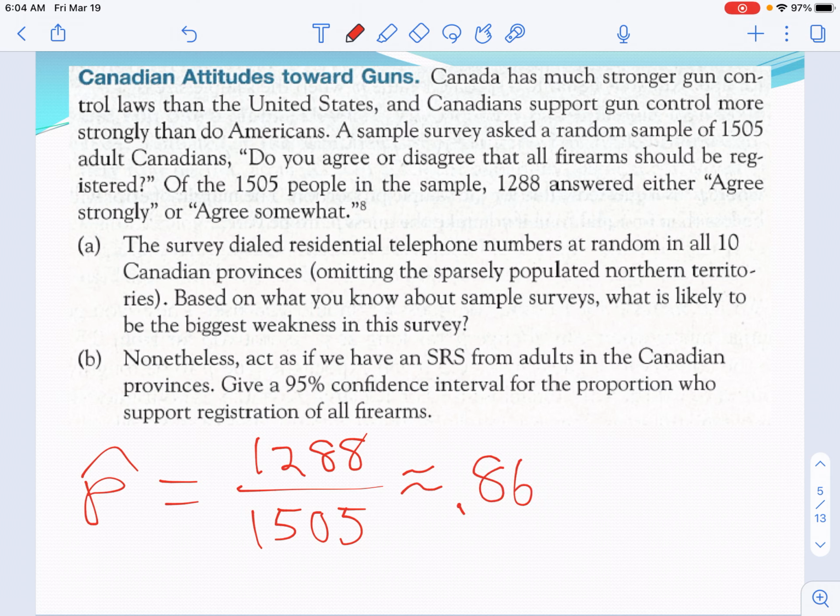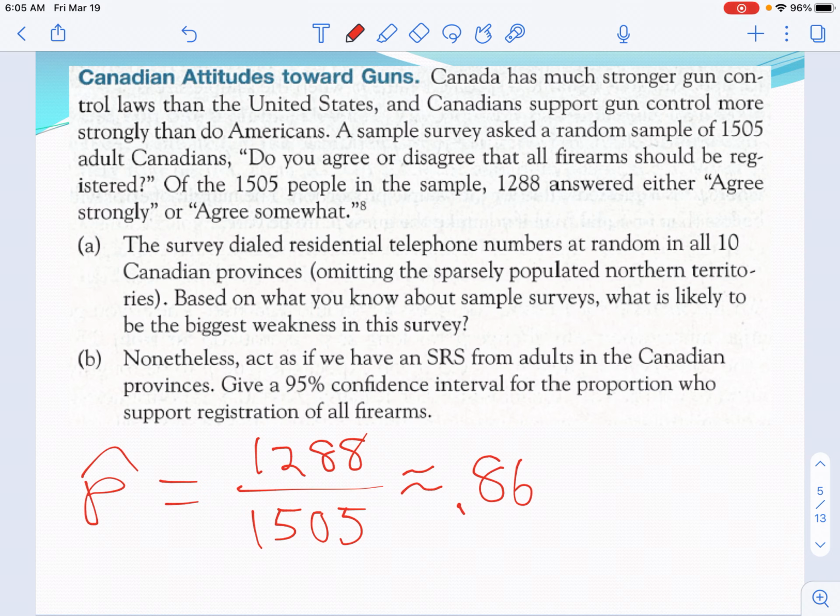Now, when you're working with that, obviously, the further out you take it, the more precise your answer is going to be. This is really about 0.8558. So we're going to acknowledge that we're going to have some inaccuracies with our final answer, especially because we're going to be doing further calculations with this rounded value. Once again, this might be an indication that we want to use technology rather than do these calculations by hand. But let's move forward.